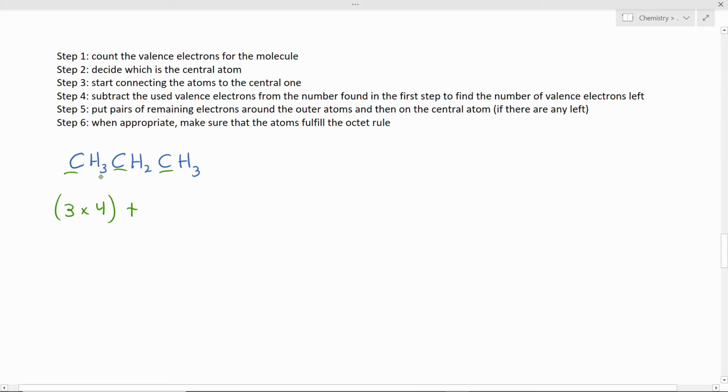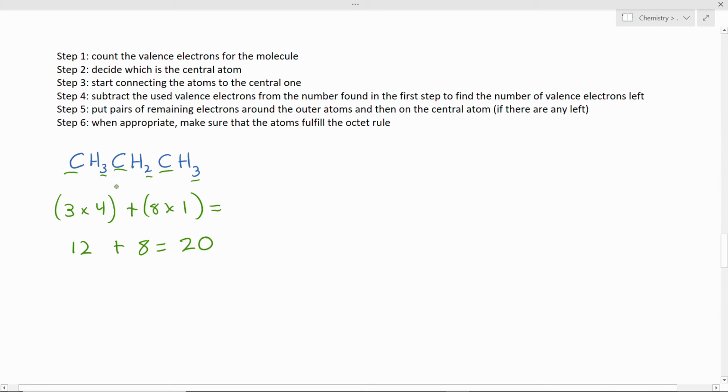So we have 3 atoms of hydrogen here, plus 2, plus 3, which is 8. So 8 times 1 valence electron for hydrogen will be the total number of valence electrons from hydrogen. So here it's 12 plus 8, which is 20 valence electrons.